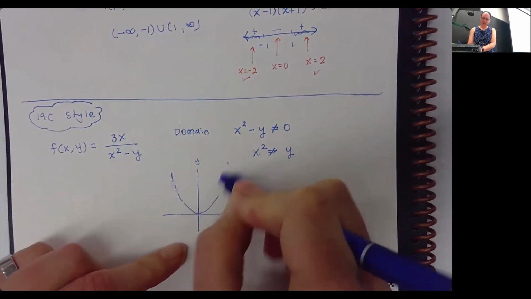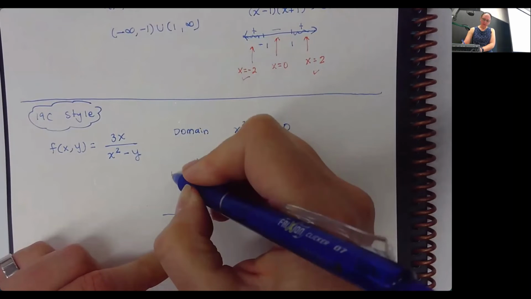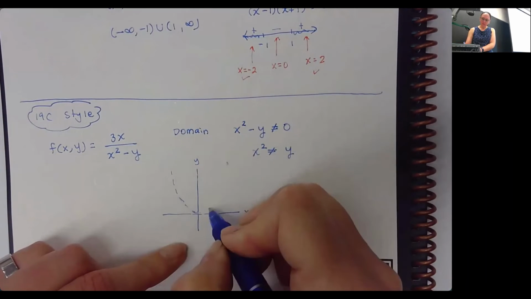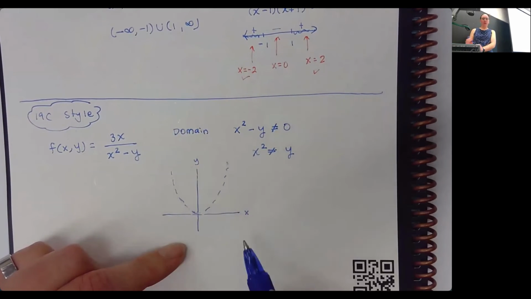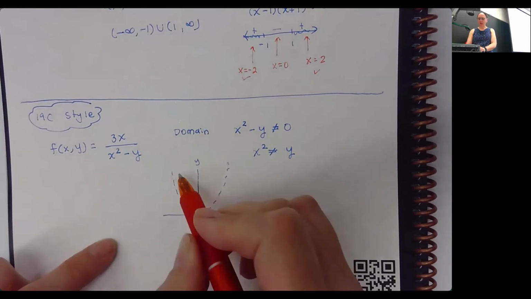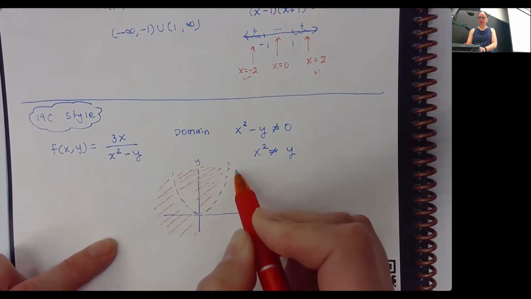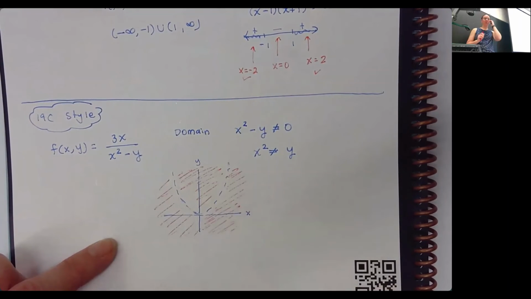So I'll just redraw that with a dashed line. And then we shade in the rest of the plane to say that all other points in the plane give valid values of the function.